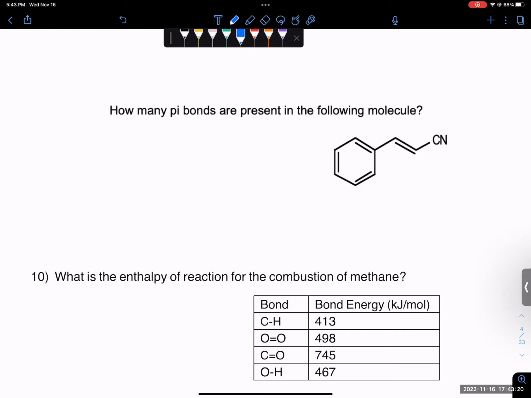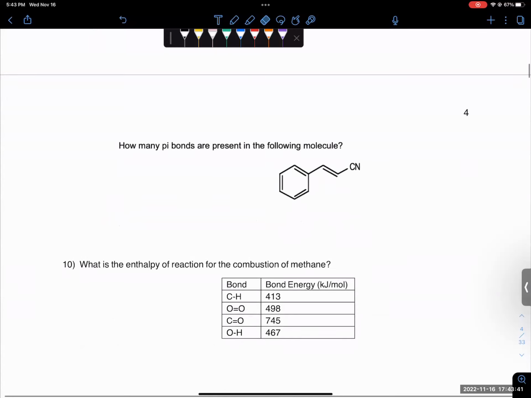You'll see something like that in OChem 1. There's something called an epoxide. It can form bonds like this. They're very reactive because of the angle strain.